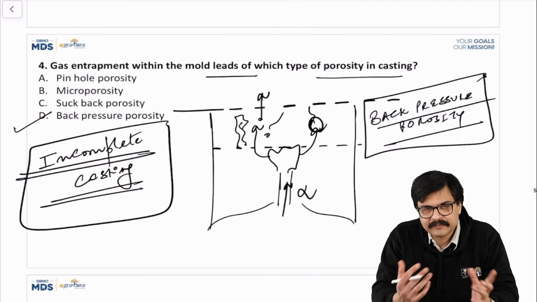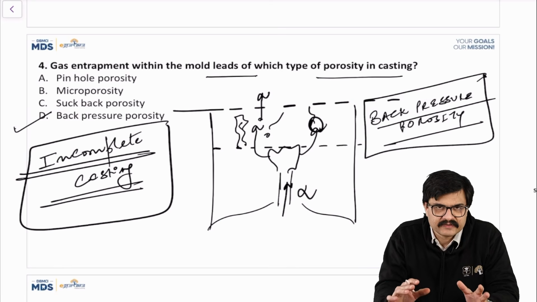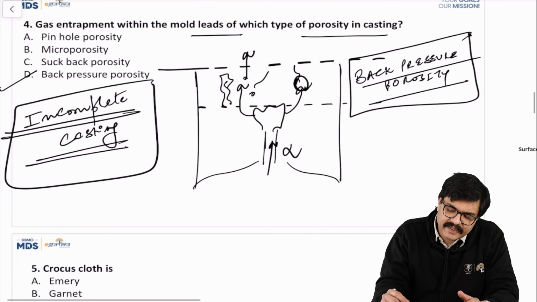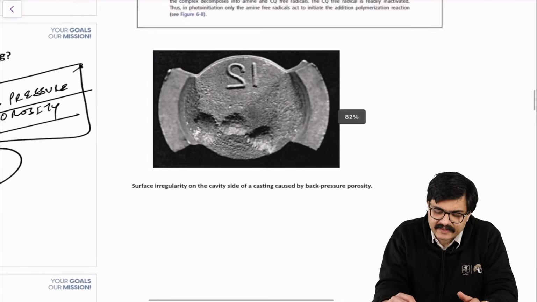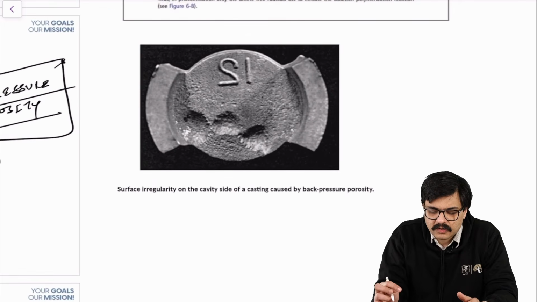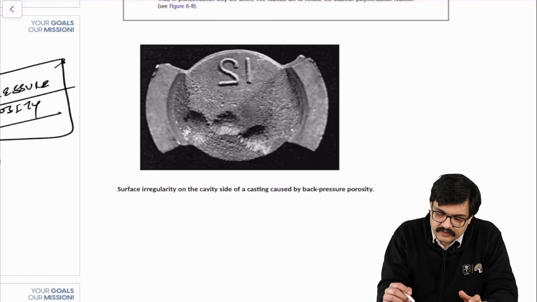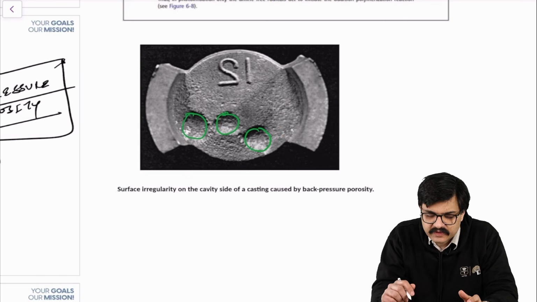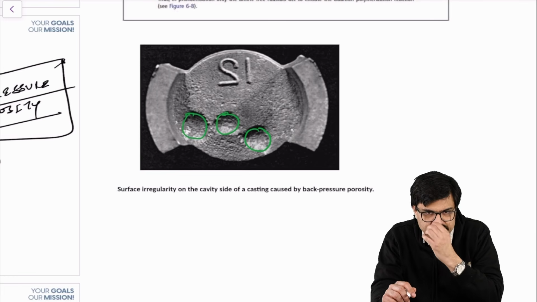Single best answer: back pressure porosity. Yes, that's the other applied question that you can get. The third applied question that you can get is an image based question. You have this typical diagram from your Phillips, showing depressions on the tissue surface of the casting, on the cavity side of a casting, caused by back pressure porosity.